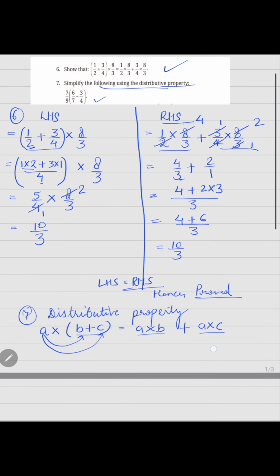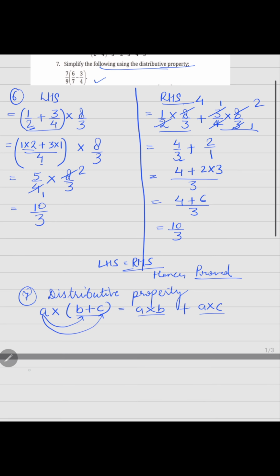Clear? Now the given question is 7/9, which is the first rational number, and 6/7 minus 3/4. This is our first rational number, this is second, and this is third. And the distributive property here is over subtraction.